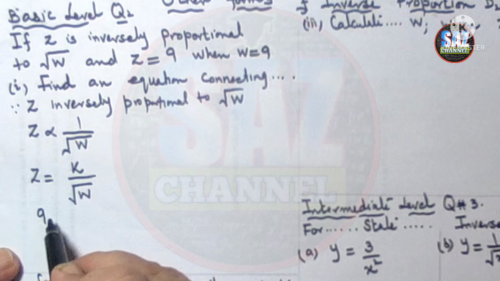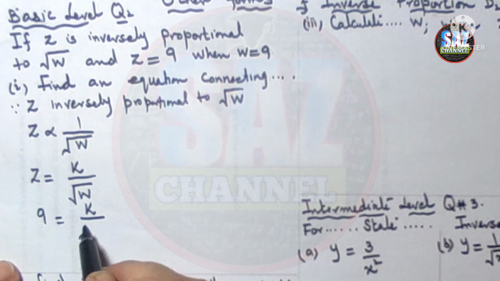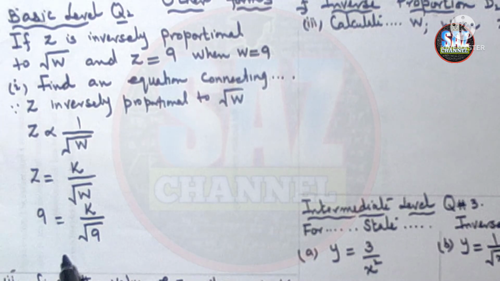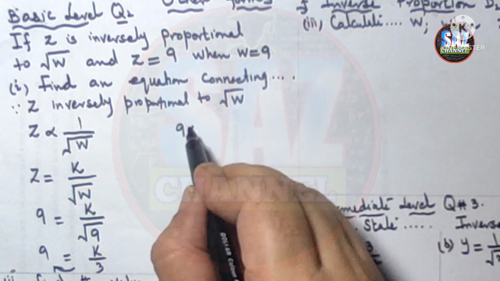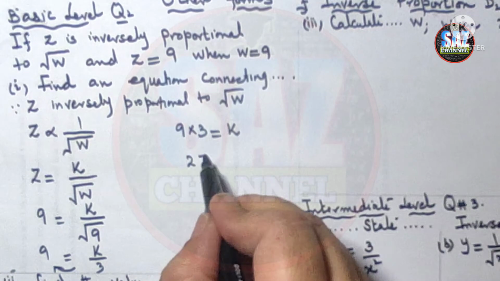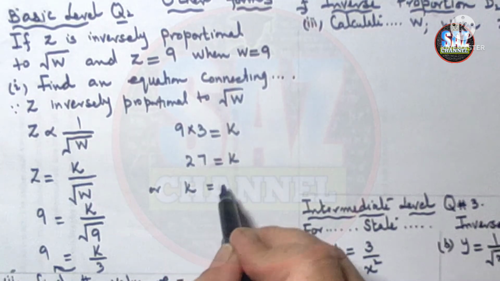Instead of z, replace 9, and instead of w again 9. Now what is the number whose square is 9? That is 3, so 9 equals k upon 3. Now shift this 3 to the other side. So 9 times 3 equals k, or 27 equals k, or k equals 27.